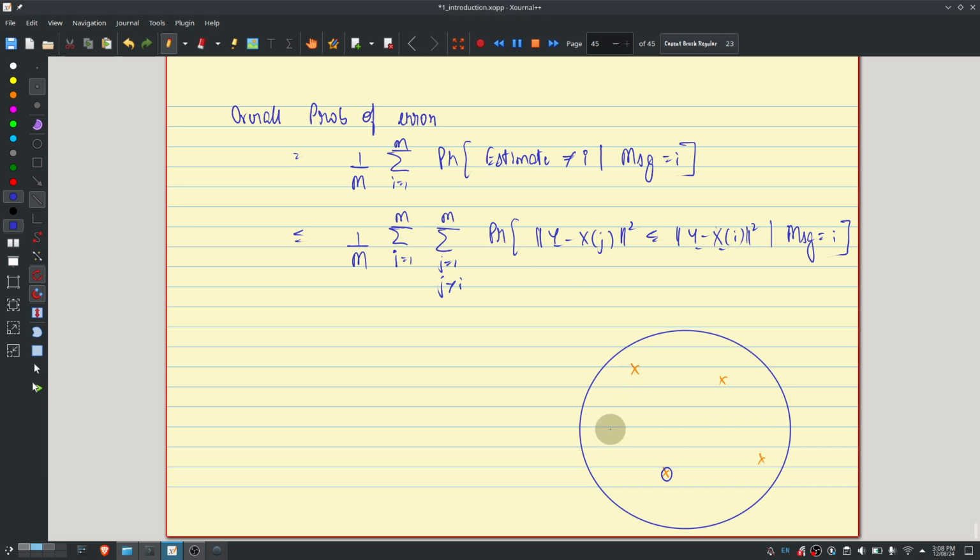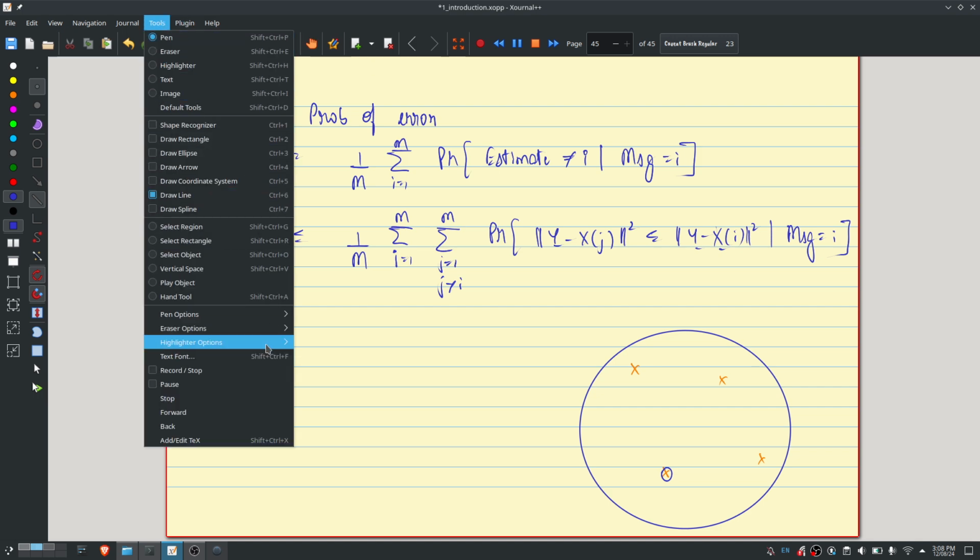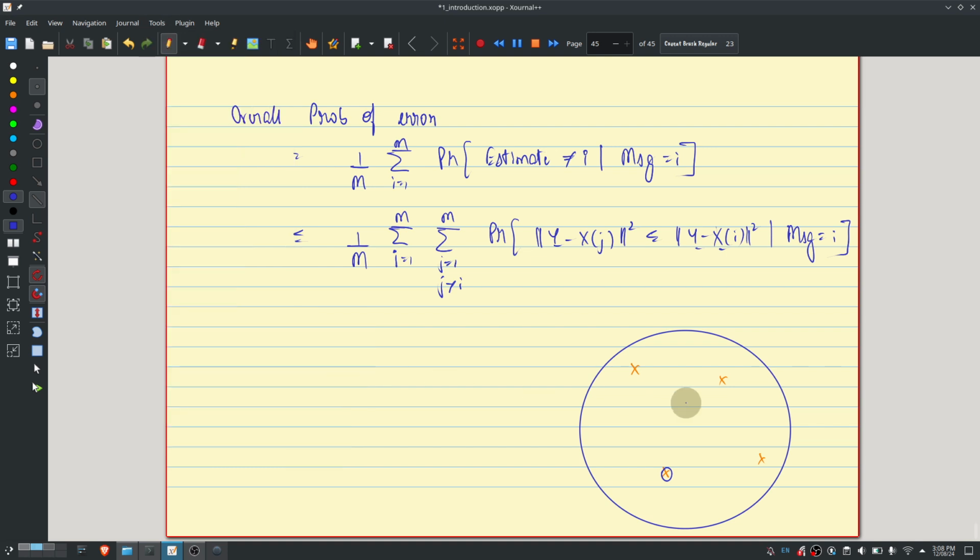Now, what does the decoder do? It finds the closest possible message. So, this is only drawn approximately. Let's say that this region is the set of all points in space which are closer to this code word than any other code word.